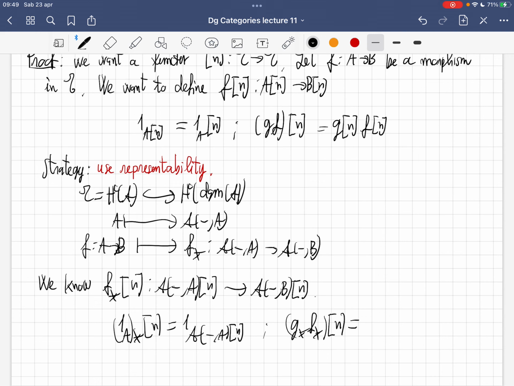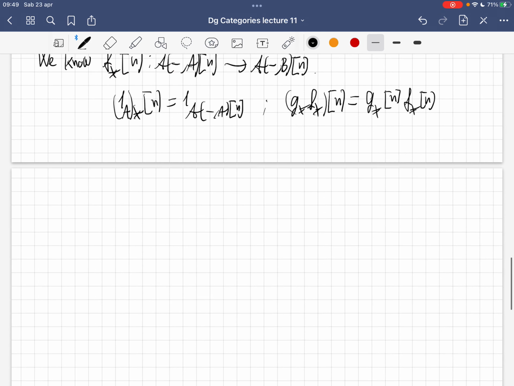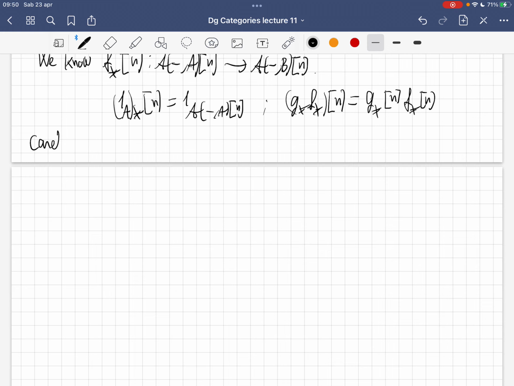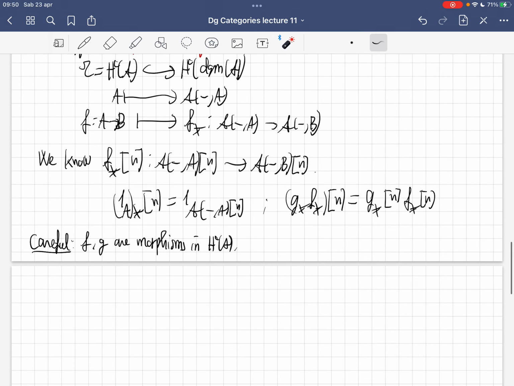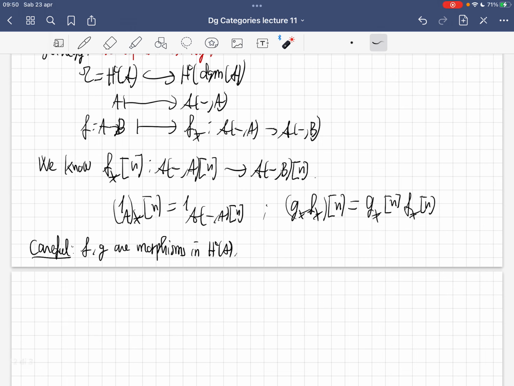I mean, actually, there is something one should check. Careful: F, G are morphisms in H0. And as I said in the beginning, there's some little abuse of notation. This shift here is actually defined when F is just a morphism in A, not a cohomology class.